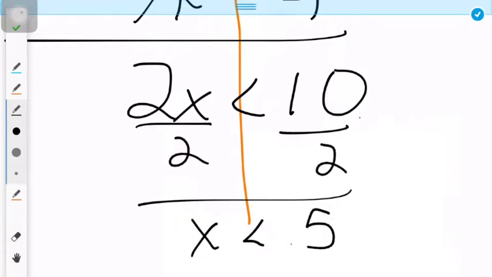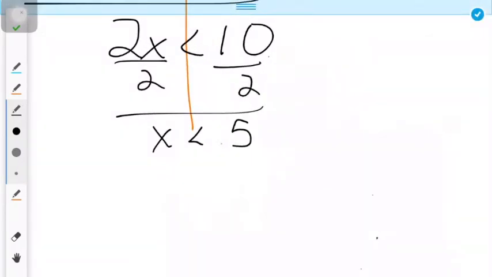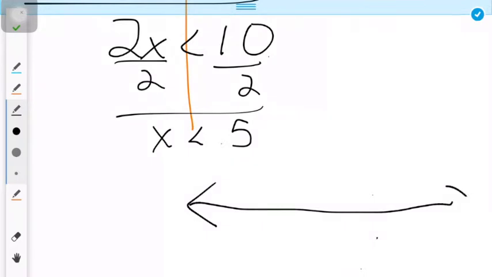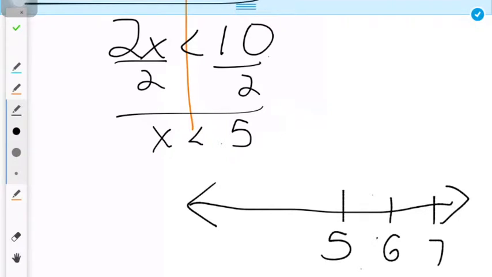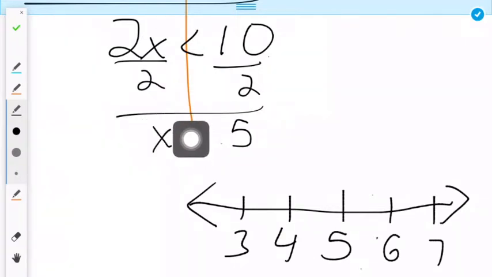Now, when I start graphing this, we always want to look at a number line. And if you recall, when we're graphing, we always want to have this number kind of be in the center, because that's my starting point. Because this is simply going to be x is less than 5, I'm going to have an open circle here at 5, because it cannot be 5.